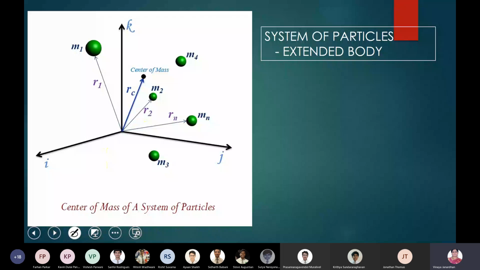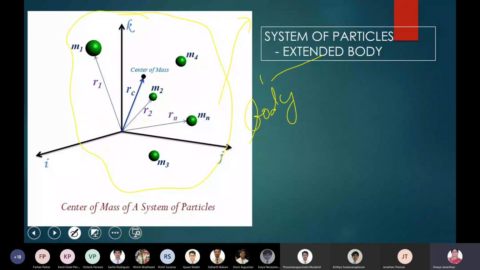With respect to the origin, these particles are located at certain distances. m1 is at a distance of r1, m2 at a distance of r2, m3 at a distance of r3, and finally mn. It has n number of particles. So this is a system of n particles. This entire thing becomes a system of particles. I can represent this as an extended body.